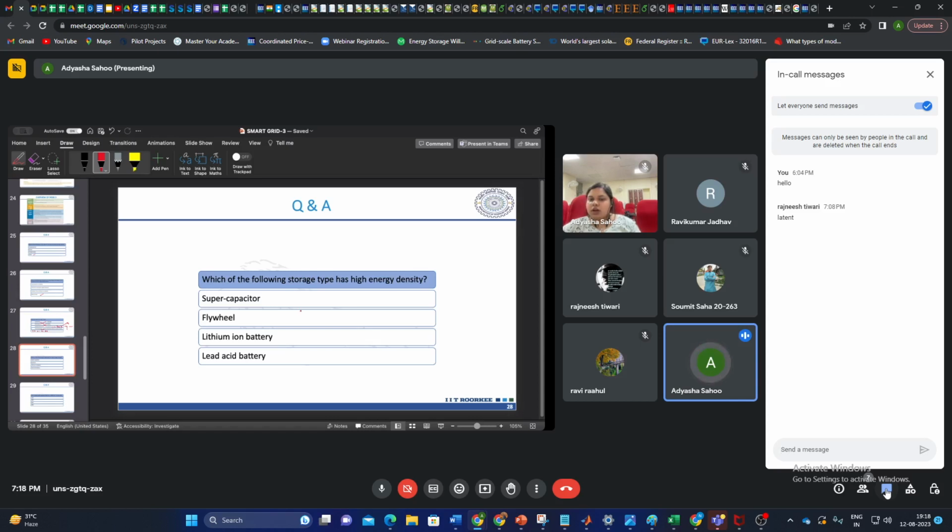Which is a high energy density? We talked in detail about this. Supercapacitor is high power type, because it is storing in the form of electrostatic energy, it can quickly re-inject or absorb. Flywheel is also the same, mechanical, so it is high power.